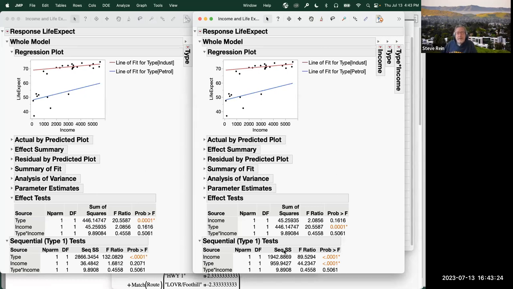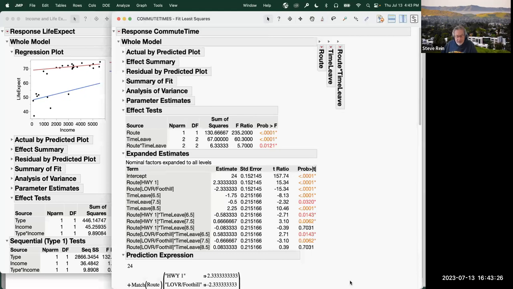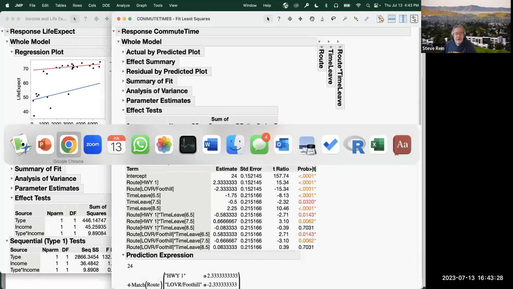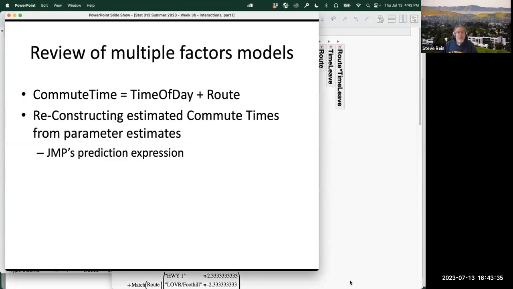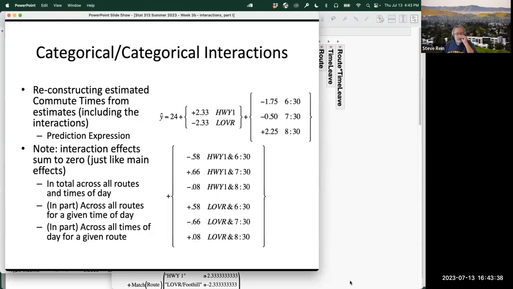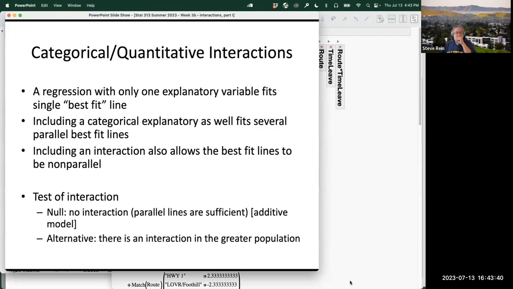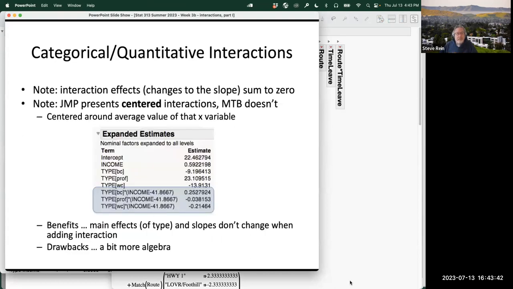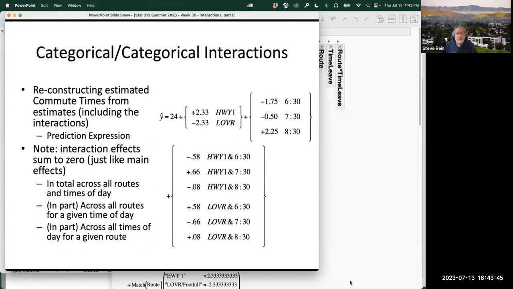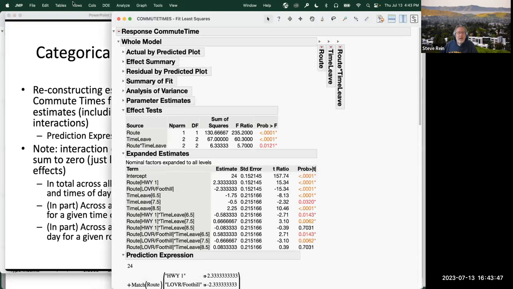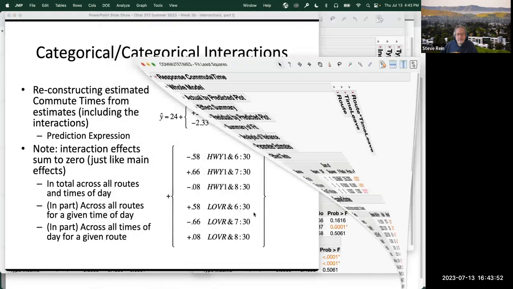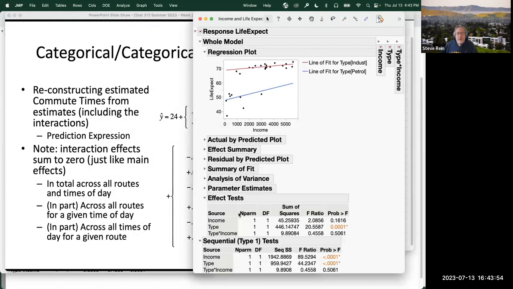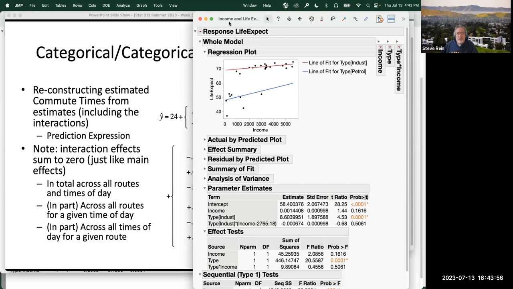Let's get after the real reason for doing this analysis here. There we go. Darn it, that's the lab. Okay, so let's just go ahead and dive right in on the algebra and then get you set up for the lab. I'm going to work off of these parameter estimates.